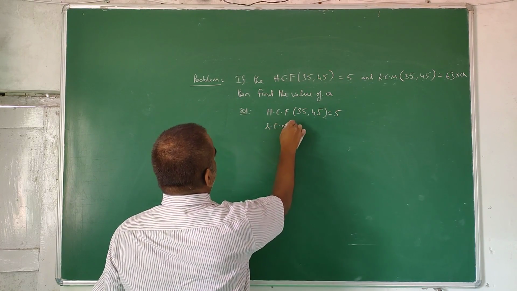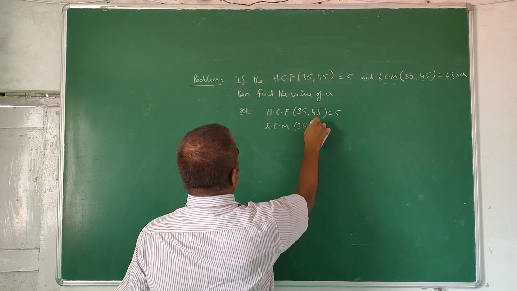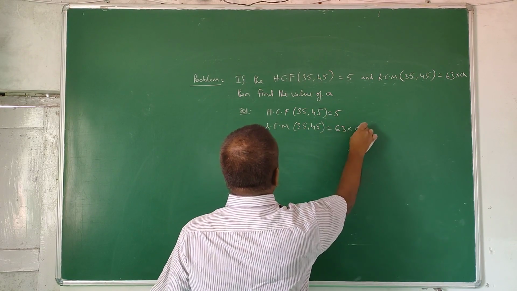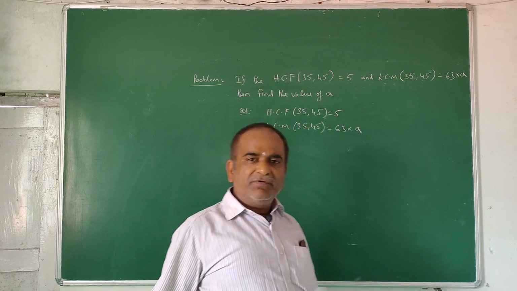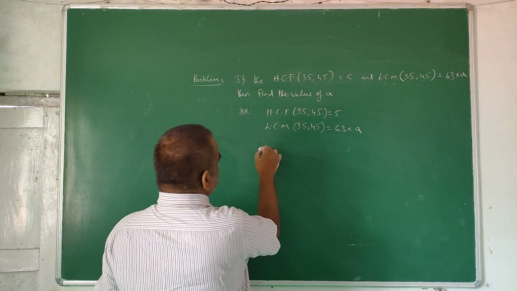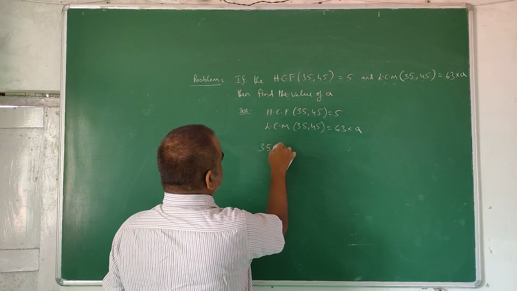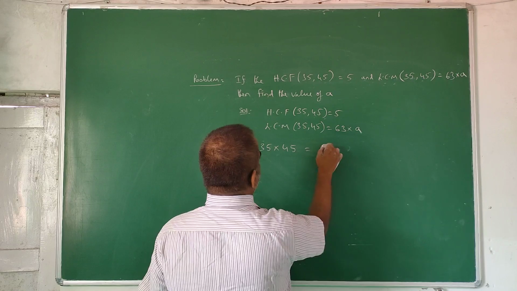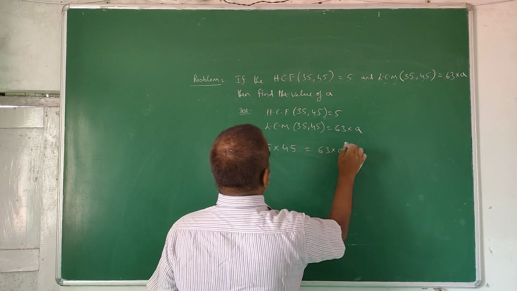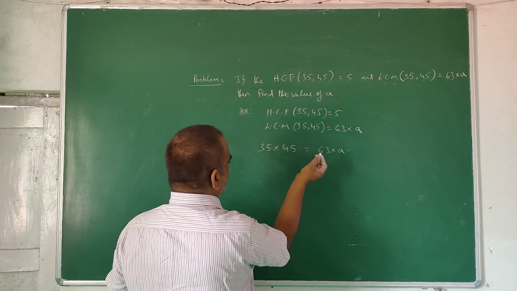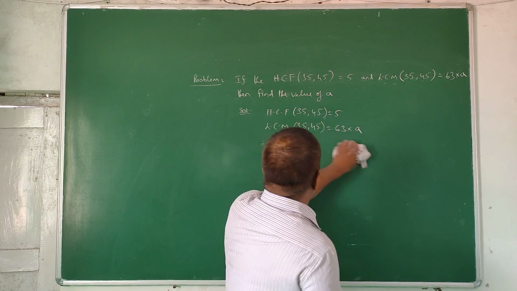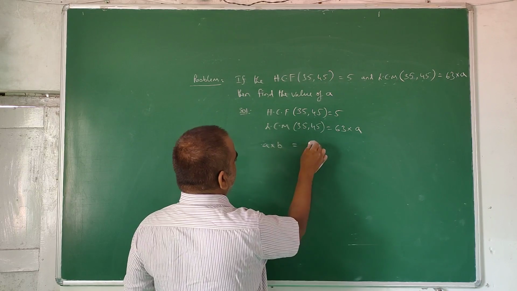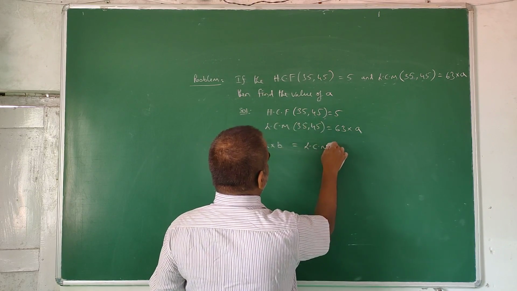LCM of 35 and 45 equal to 63 into A. We know that product of numbers is equal to product of their LCM and HCF.